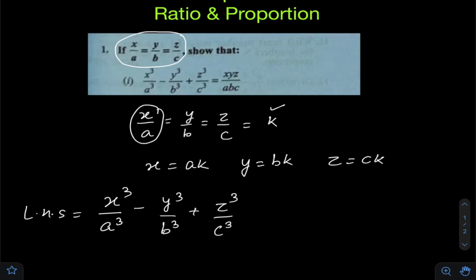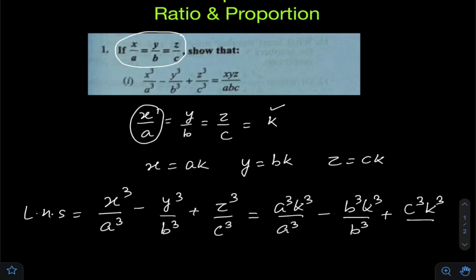Now put the values of x, y and z. a cube k cube over a cube minus b cube k cube over b cube plus c cube k cube over c cube.